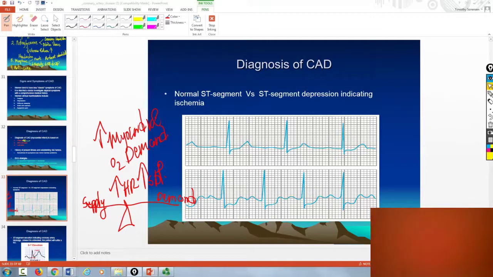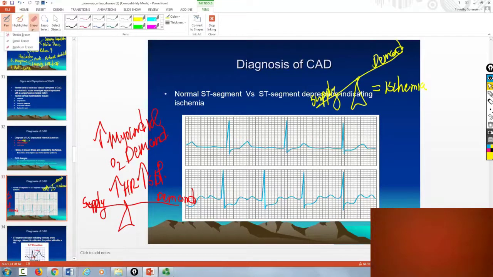But if you have a situation where coronary artery supply is less than coronary artery demand, meaning you cannot supply the amount of oxygenated blood to that heart muscle that the heart is demanding, then you get ischemia. Right? Lack of blood flow.